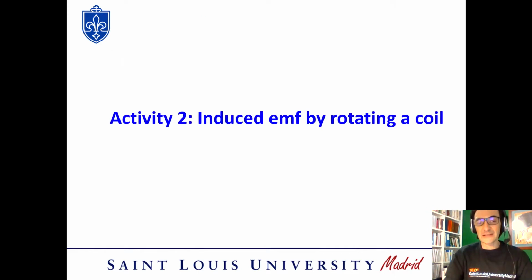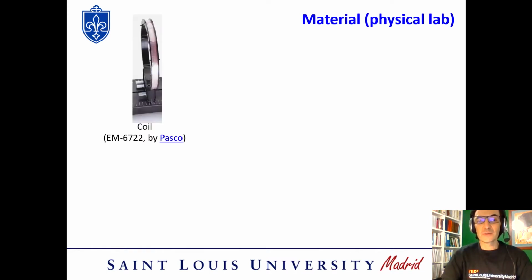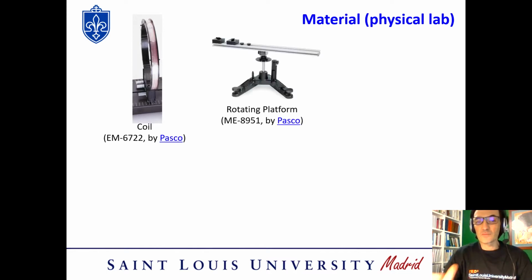So let's do this activity first as a real taped example, and then we will do some simulation. So the materials we will need are basically a coil, some rotating mechanism to put this coil on a rotary platform like this.